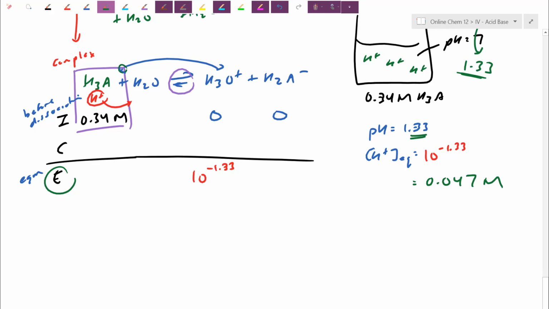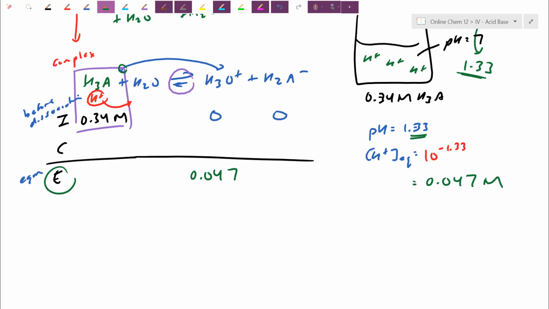At first we had no acid before it dissociated. But this triprotic acid here has dissociated enough to give you a concentration of 0.047. Again, you can write it as 10 to the power negative 1.33, all the power to you. If you don't like that, you can just write out the number 0.047. Okay? So I'm given some information. At the end of the day, the pH is actually 0.047 molar H+.